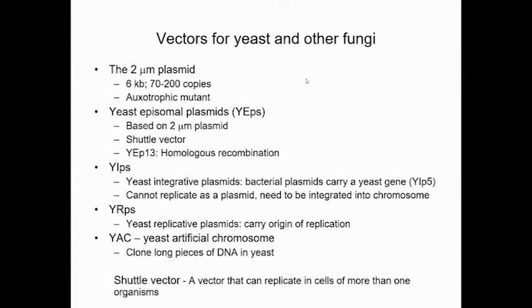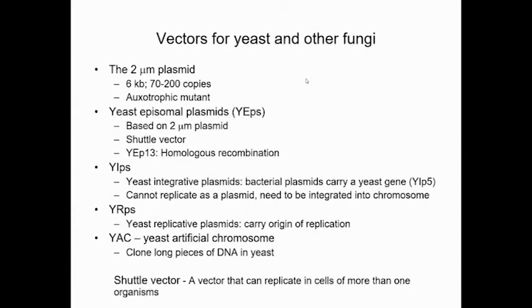So now we just finished the cloning vector for bacteria. Now the vector for yeast and other fungi. Because we sometimes use Saccharomyces cerevisiae for experiments, of course you need to have a vector for yeast and other fungi.